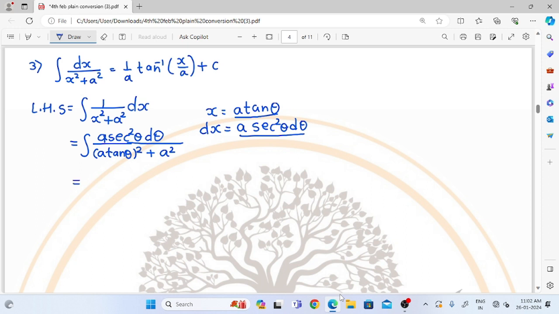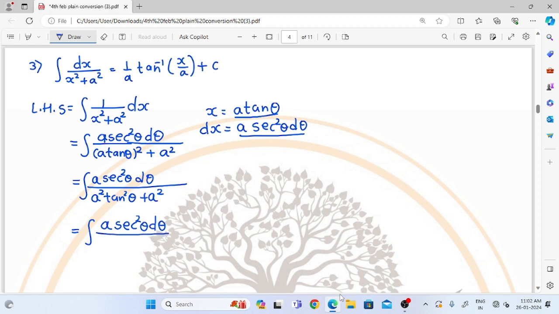Now in the numerator, as it is, a sec square theta d theta, divided by, in the denominator, (a tan theta) the whole square, that means a square tan square theta plus a square. In the denominator a square is common, so we take a square common, and a sec square theta d theta as it is.